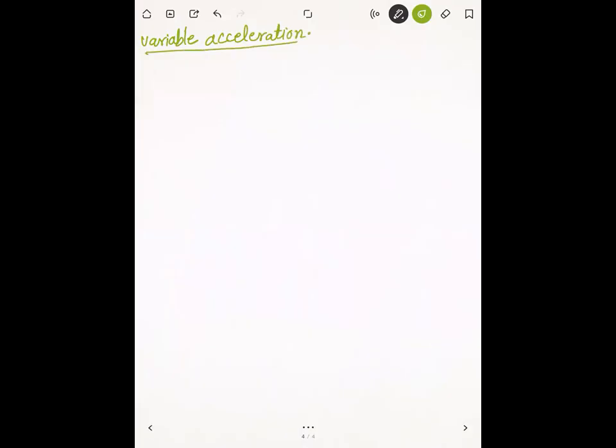So since the acceleration is variable, equations of motion cannot be applied. Now let's move on to some more examples.